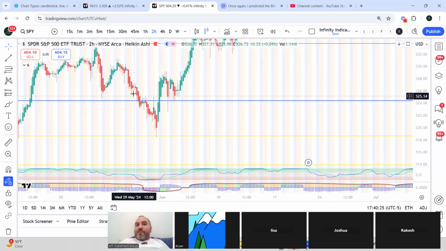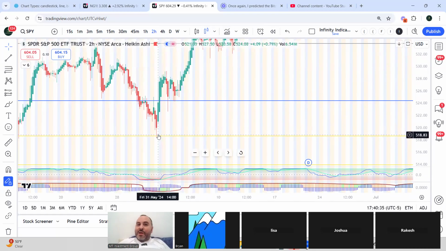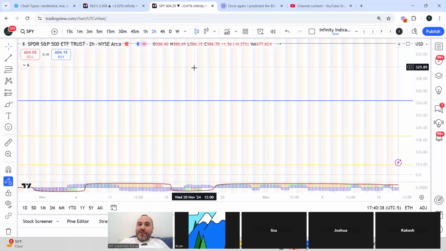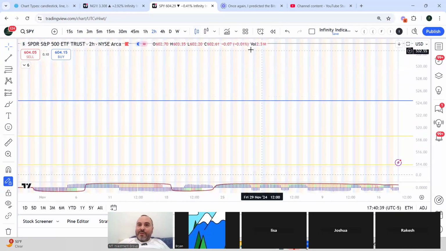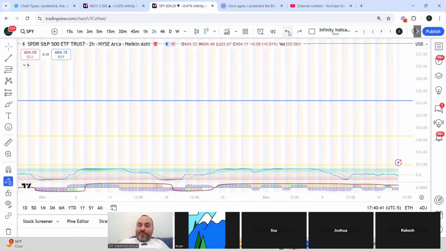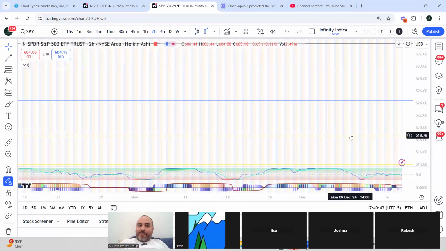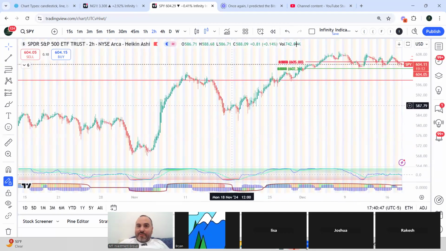Another thing I want you to see: when you see candles like this, that's tons of buying pressure. It's easier to see, I have Heiken Ashi on, but essentially it's the same thing.